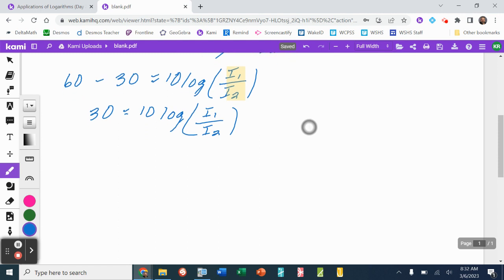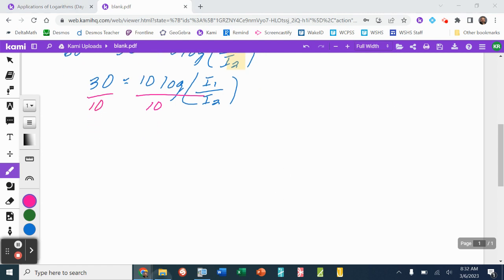But at this point, I cannot rewrite it as an exponential because my logarithm is not isolated. So I'm going to need to divide both sides by 10. And that's going to leave us with 3 is equal to this common log with the ratio of intensities, or quotient of intensities, of our two noises.